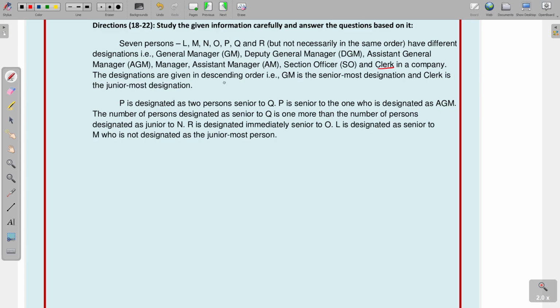The designations are given in descending order, starting from general manager, the senior most designation, and clerk is the junior most designation. So general manager senior most, DGM, assistant general manager, manager, assistant manager, section officer and clerk. So totally 7 persons are there.